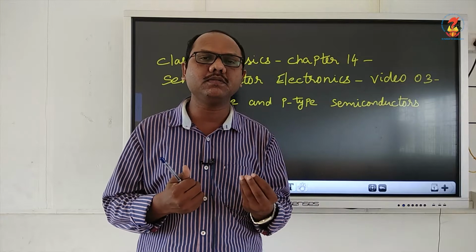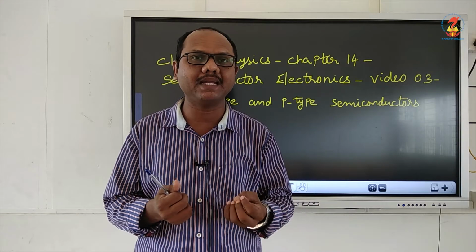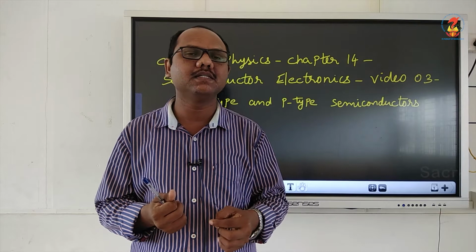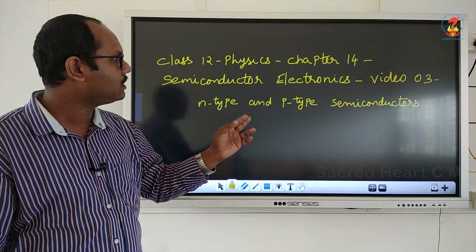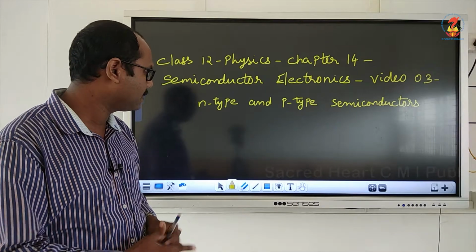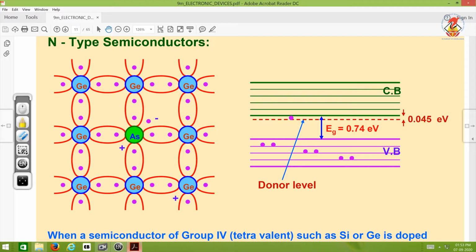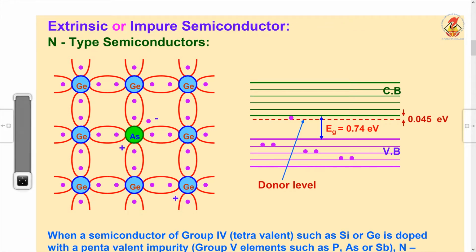So based on the impurity atoms that we are adding, the semiconductors can be categorized into N-type and P-type semiconductors. Okay. So first let us see what are N-type semiconductors.